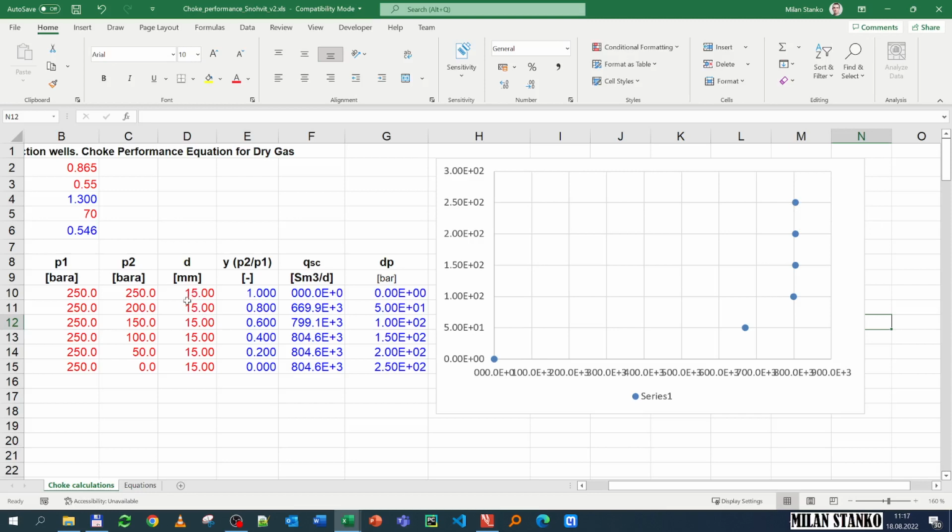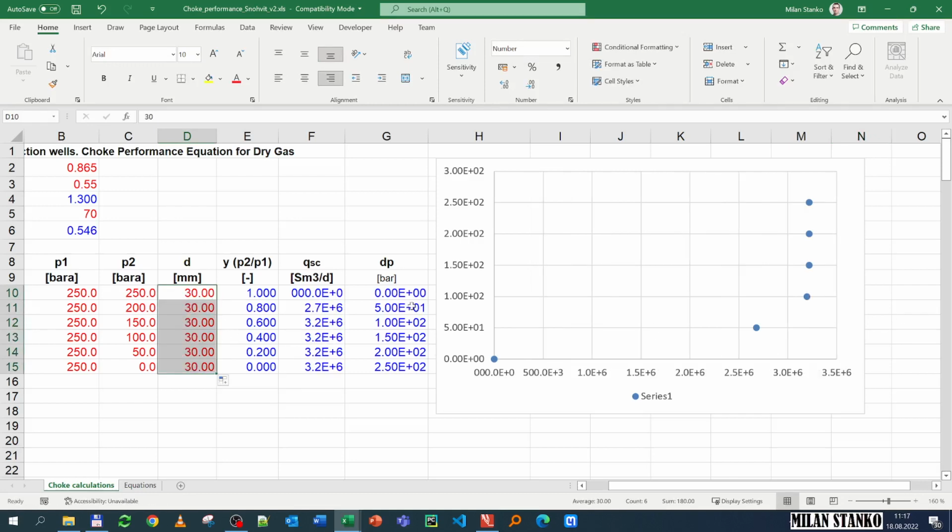Now, what will occur if we change the choke diameter? Let's say we open the choke now, to an opening of 30. Let's see what happens. Essentially, you see now the limit rate was 600,000 before, and now it is 3 million.